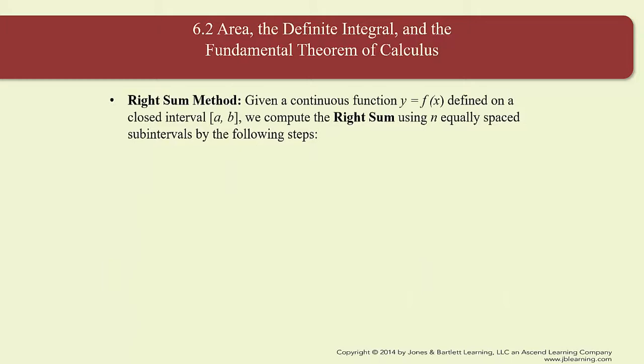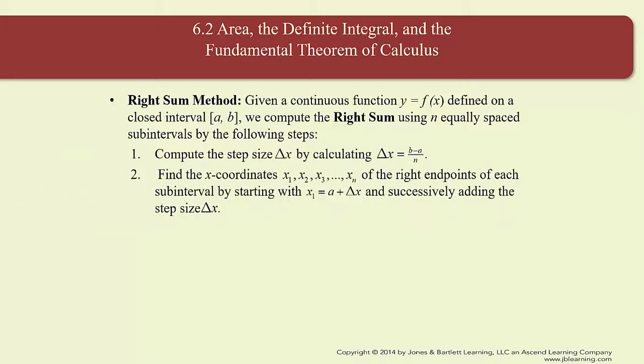So real quickly, the right sum method, it's just like the left sum method. It starts off looking the same. The difference is in step 2, you find the x-coordinates of the right endpoints of each subinterval, where you start with a plus delta x. So that would be where the first rectangle would start, a plus delta x.